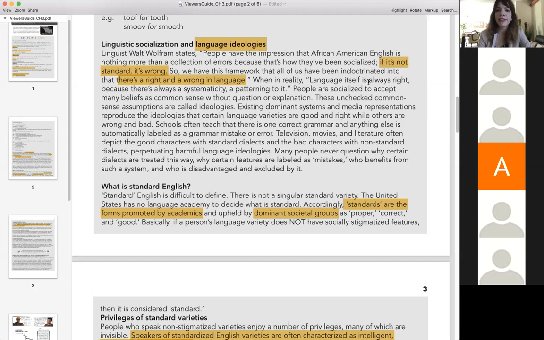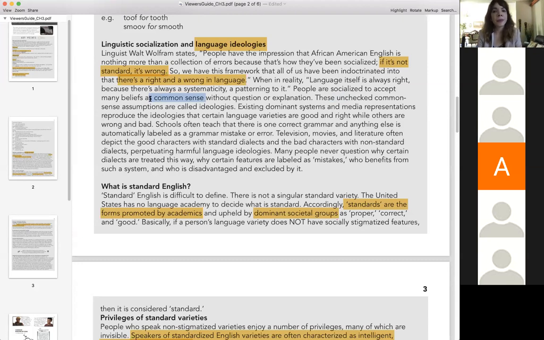So language itself is always right because there's always a system in any grammar, in any dialect. There's always a pattern. That's how we understand each other. People are socialized to accept many beliefs as common sense without question or explanation.